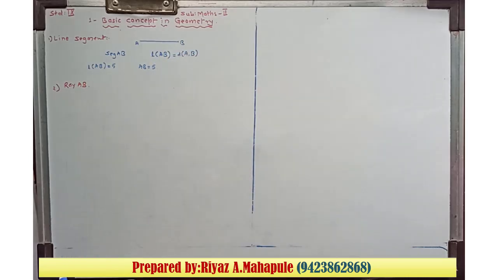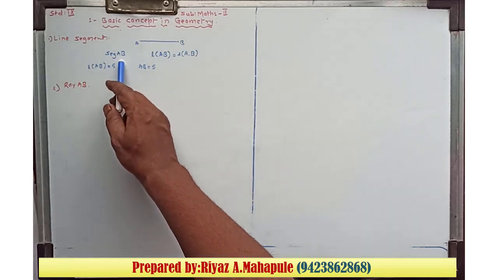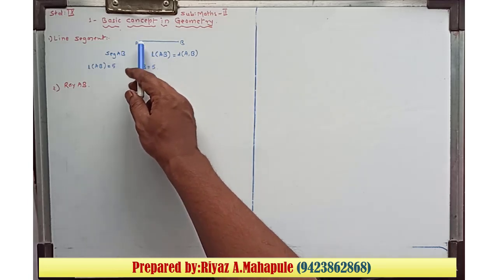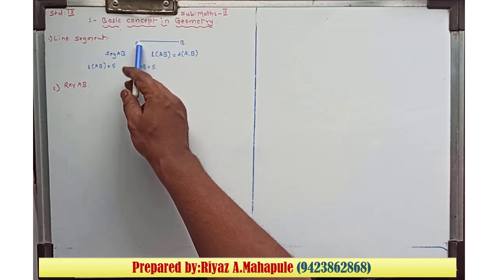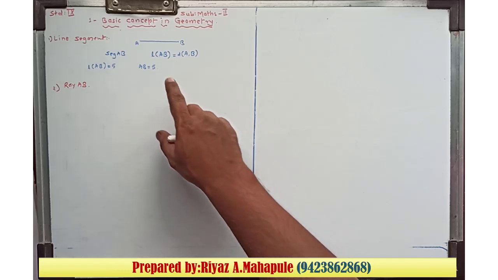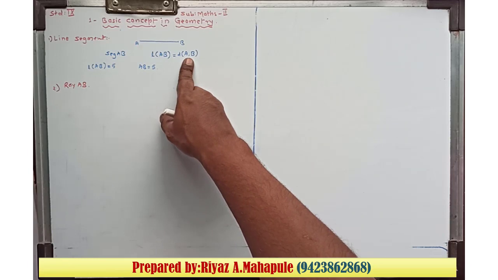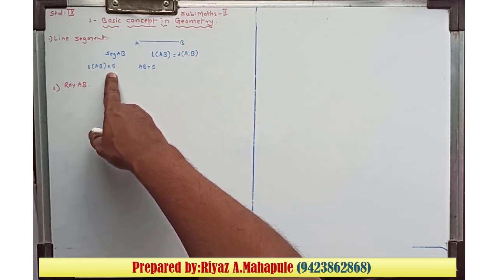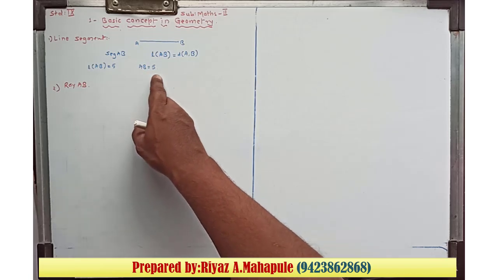That union is called line segment. इन शॉर्ट में हम उसको ऐसे लिखते हैं segment AB. Now the length, the distance between the 2 end points of the line segment, is called the length of that segment AB and is denoted by length of AB, and that is nothing but the distance between 2 points A and B. If length of AB is equal to 5, then it can be written as AB is equal to 5.